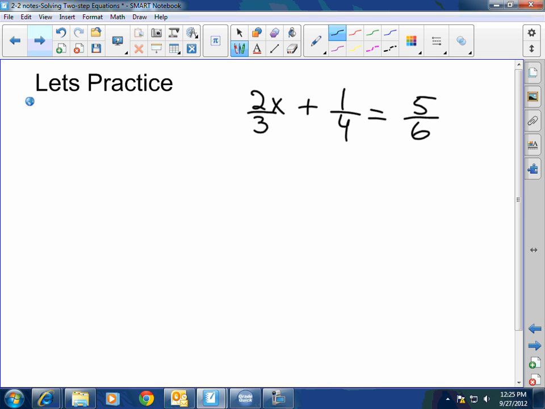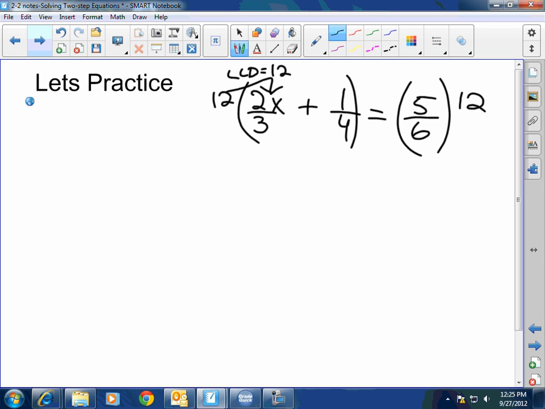Okay, you first find the LCD. The LCD here is 24. Actually, no, not 24. 12. Could I use 24? Yeah, you just have bigger numbers. That's all. So I multiply 12 to both sides. I'm going to distribute. 12 times 2 is 24x over 3, because 1 times 3 is 3.